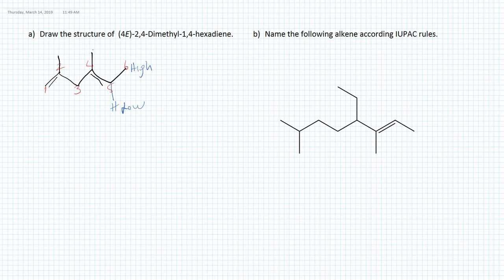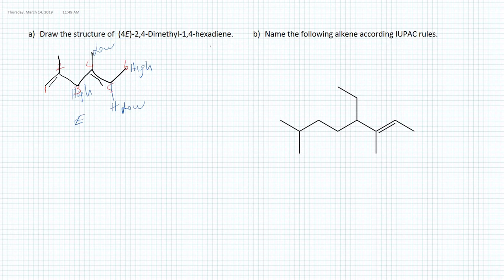We have a methyl group here, and here we have a group with more than 2 carbons, an alkyl group, so definitely this group will be high priority. Let's say high priority, and this has to be low priority. And if you look at the substituents around the carbon-carbon double bond, the high priorities are on opposite sides and the low priorities are on opposite sides. So this is actually trans, though we don't say trans for an alkene system with more than 2 substituents. This is E. So basically this drawing is correct for this naming.